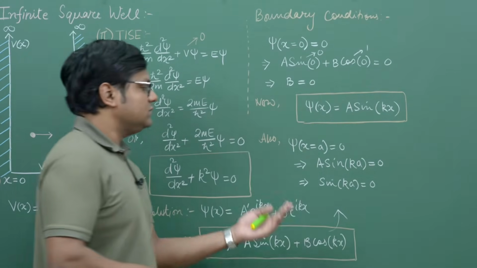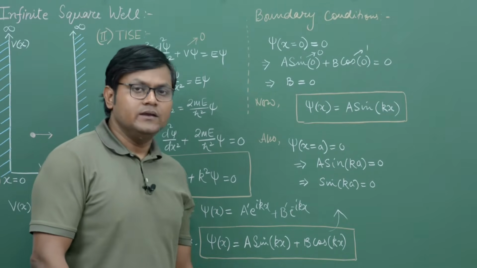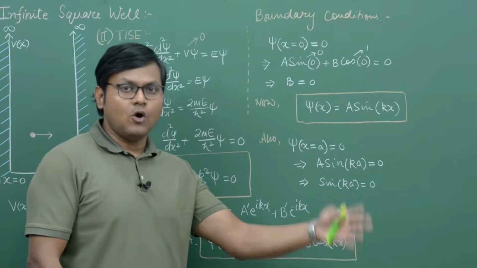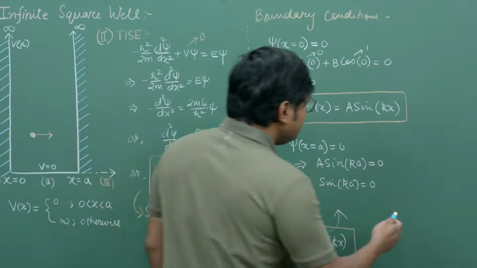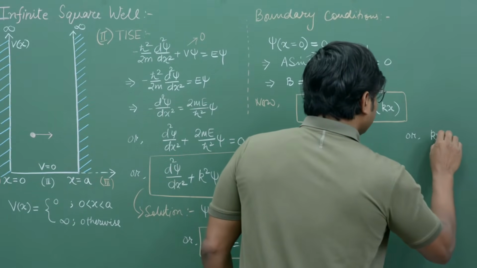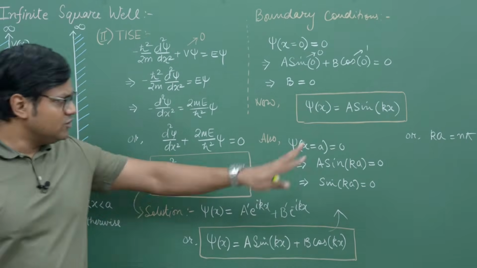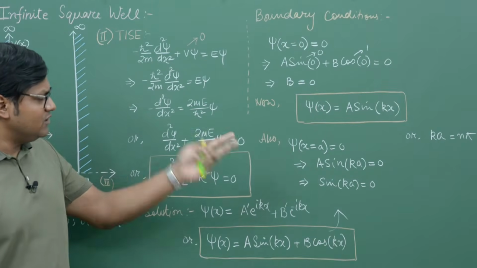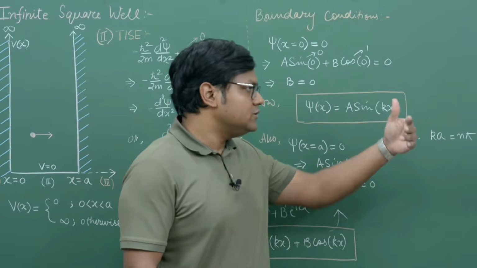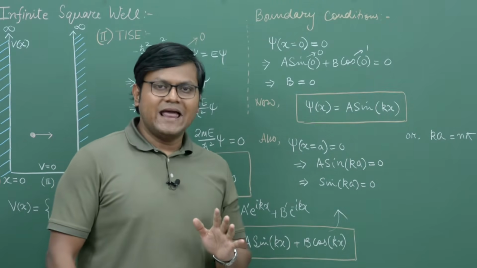Now when sine theta is equal to 0, it is only true for certain values of theta, right? Theta 0, theta 180 degrees, theta 360 degrees, and on and on. So it simply means that Ka is equal to n pi. I should include plus minus also, but I'm not including it here because it's not going to make any difference. So 0, pi, 2 pi, 3 pi, 4 pi, for all these values, sine of that particular angle is going to be 0.